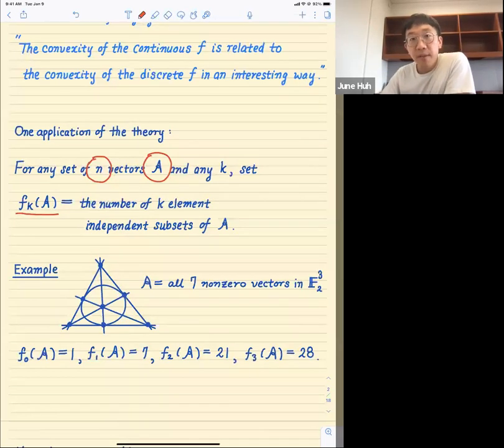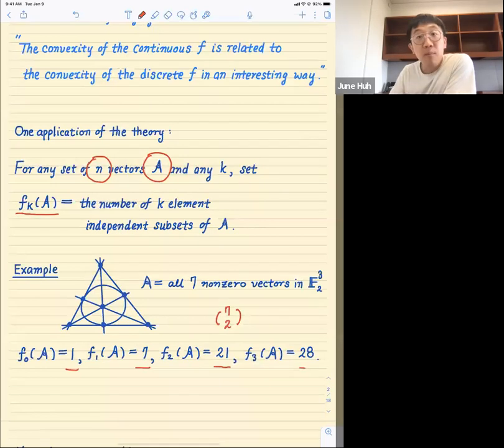For this configuration of vectors, the sequence that I'm talking about starts with, just like any other configuration, 1, which counts the number of zero-element independent subsets of A, and there is one, which is the empty subset. And there are 7 one-element independent subsets corresponding to 7 non-zero vectors. And F2, that should be 21, because 21 is really 7 choose 2. And if you pick any 2 vectors, they will be independent.